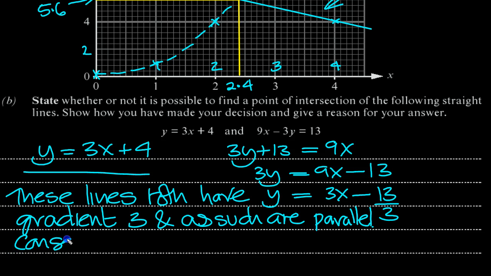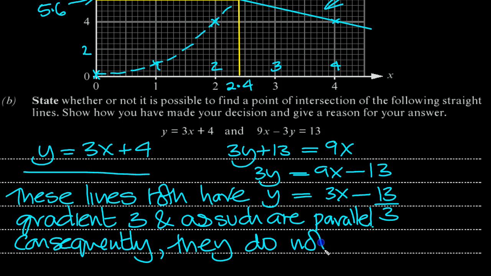Consequently, they do not intersect. They've got different intercept values as well, of course, so they're not the identical line. So they don't intersect because they're parallel.